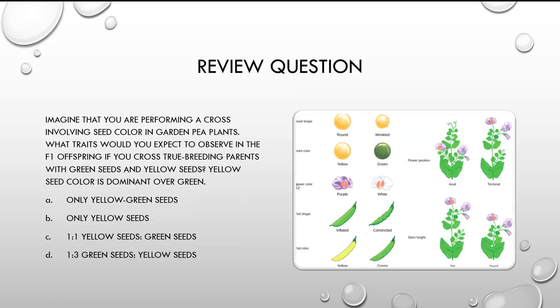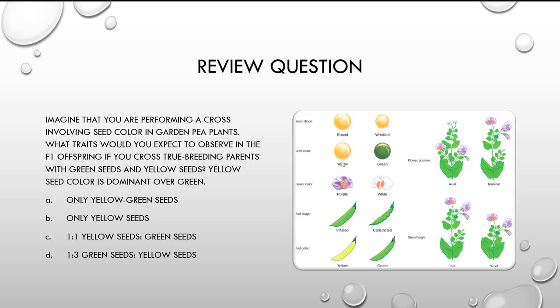So imagine that you are performing a cross involving seed color in garden pea plants. What trait would you expect to observe in the F1 offspring if you cross true breeding parents with green seeds and yellow seeds? Remember, yellow seed color is dominant over green.